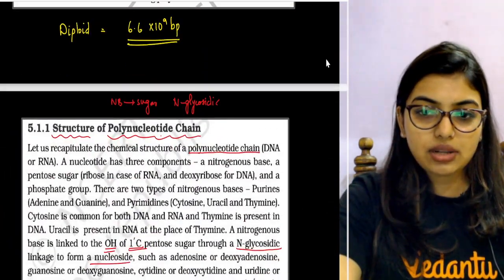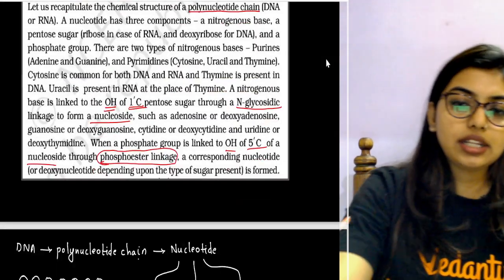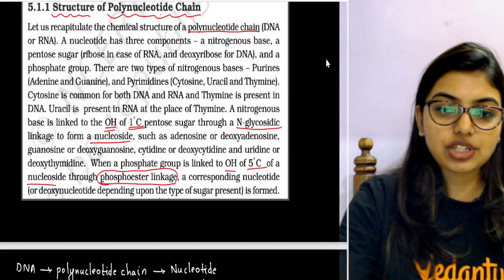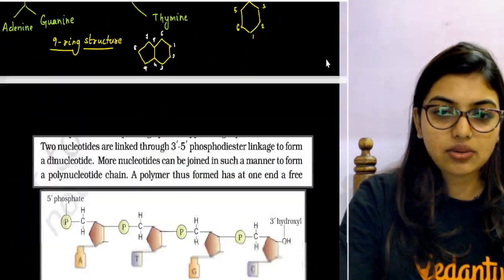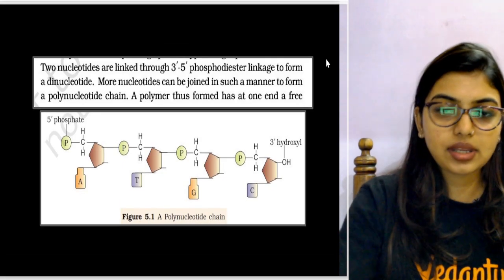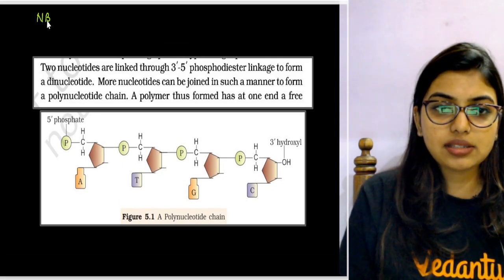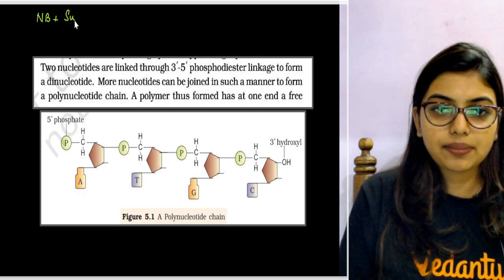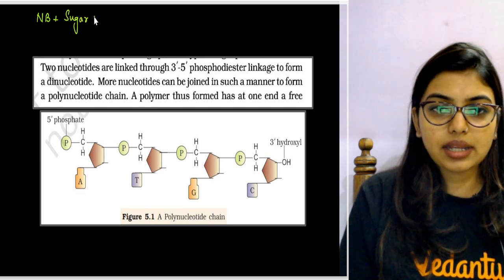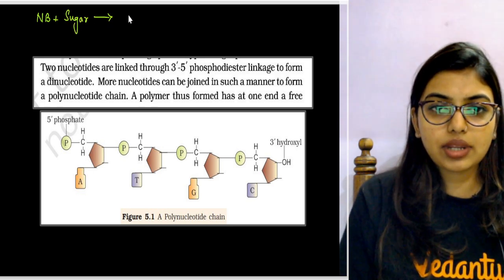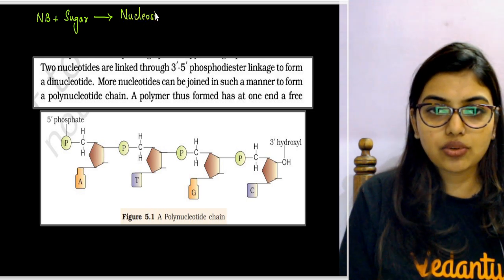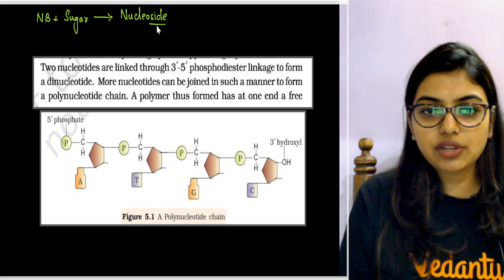Now, students, what did they tell? They told that when pentose sugar and nitrogenous base combine, listen to this carefully, nitrogenous base plus sugar combines, it will form a nucleoside. That means pushing one person to the side.